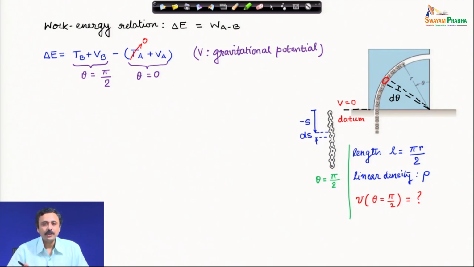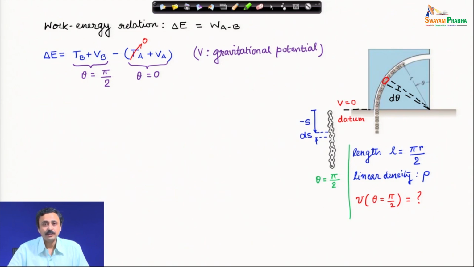Therefore, this normal reaction is the only force of interaction between the chain and the guide, and normal force is perpendicular to the direction of motion of the chain. And you must recall, we have discussed this, that work is done only by the tangential component, not by the normal component. Therefore, this normal component will not do any work, it is out of the purview of the work energy relation.